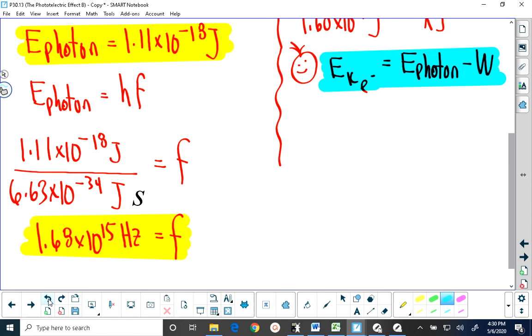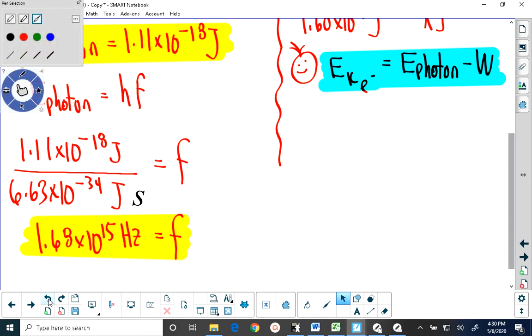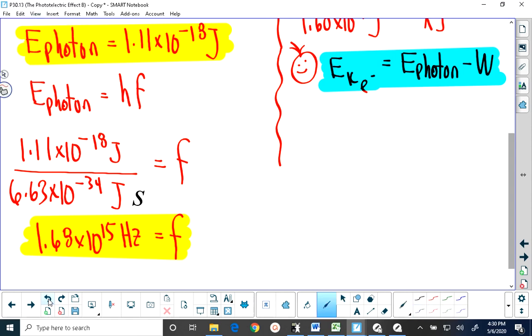The only thing that we've added to this today is that this kinetic energy of the electron is connected to the speed of the electron by 1/2 mv squared.